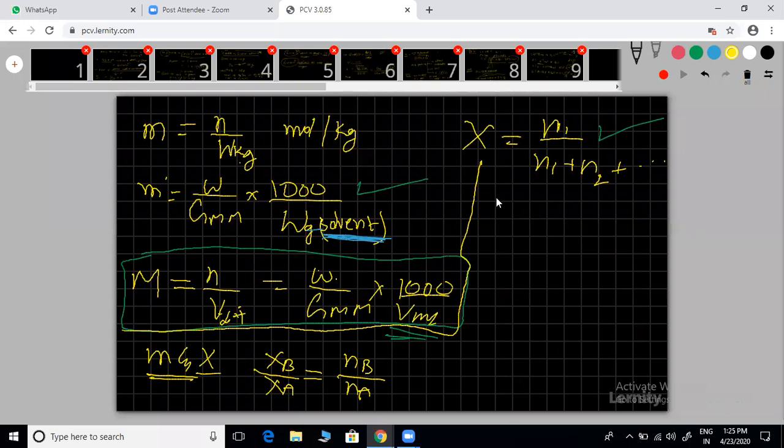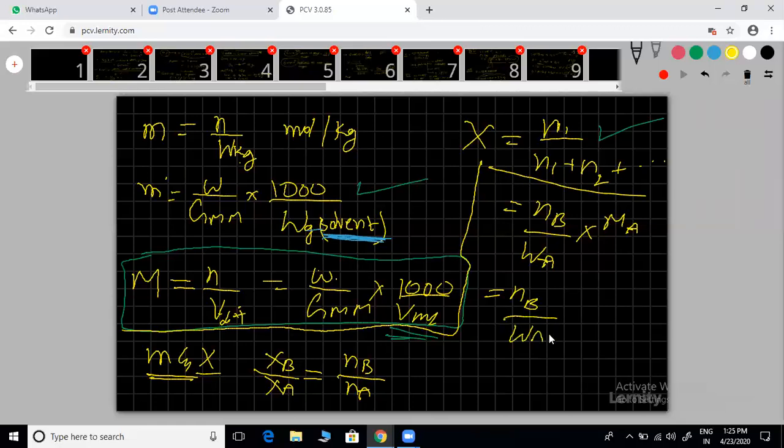So I can write here nB by, this is WA by MA. I can write number of moles of solvent equal to weight of solvent by gram molecular weight of solvent, that becomes here MA. A is the solvent. So we are dividing both sides by 1000, that will not change anything. WB by WA into 1000 into MA by 1000.